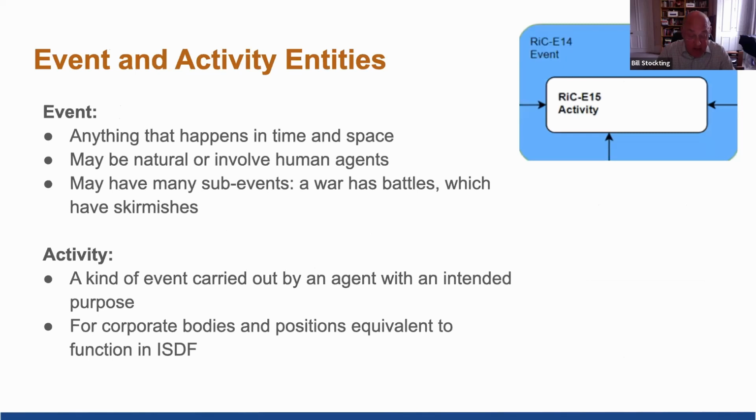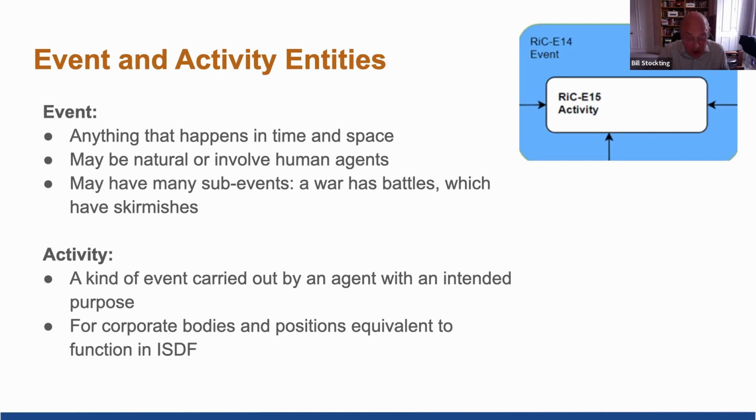We then have the entities that model the why and the how agents create records. Here in the second draft, the core entity is known as activity and is a sub-entity of the first level event entity. The event entity relates to anything that happens in time or space and may be natural or involve human agents. Events, especially of complexity happening over time, will have sub-events, such as the skirmishes within a battle that itself is a sub-event of a war.